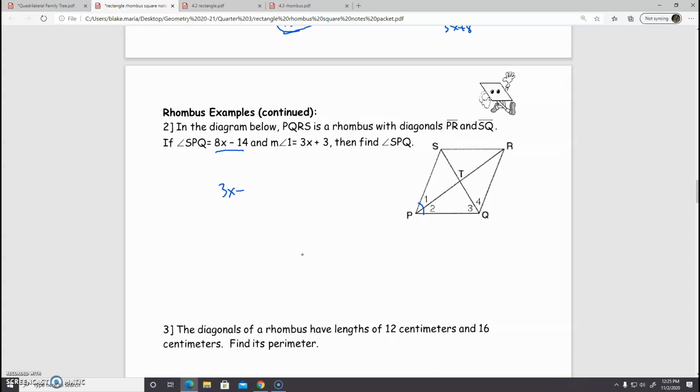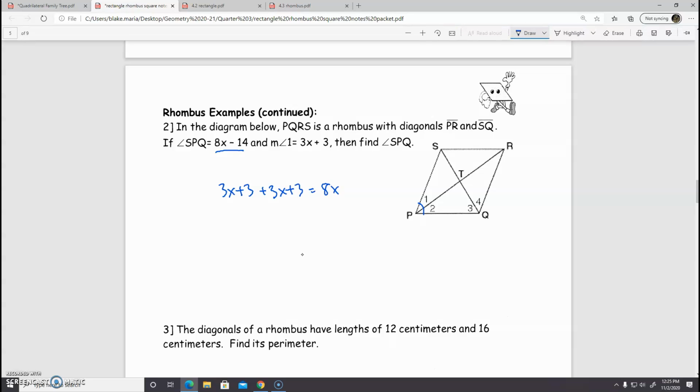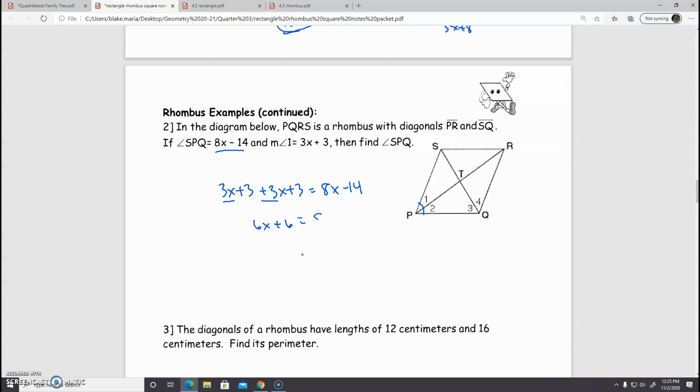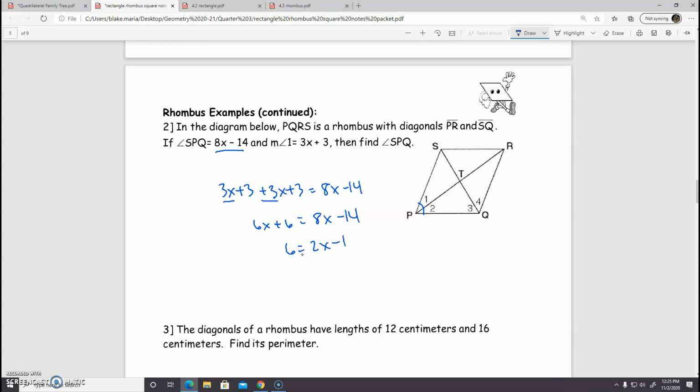So 3x plus 3 plus 3x plus 3 has to equal 8x minus 14. We combine like terms, 6x plus 6. We subtract 6x from both sides, add 14 to both sides, and we get x equals 10.